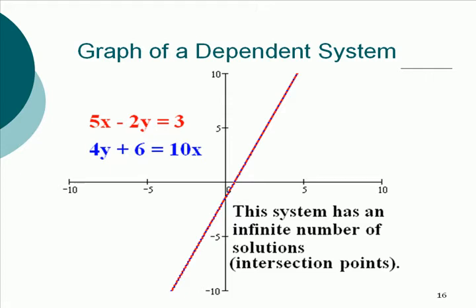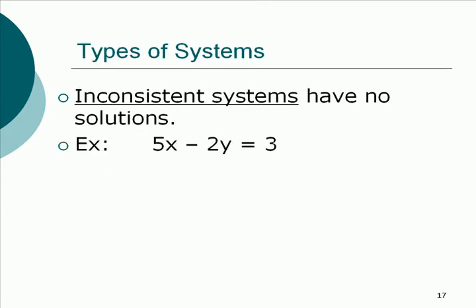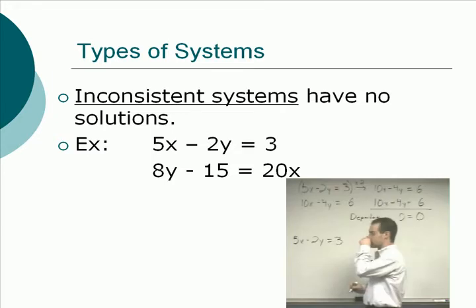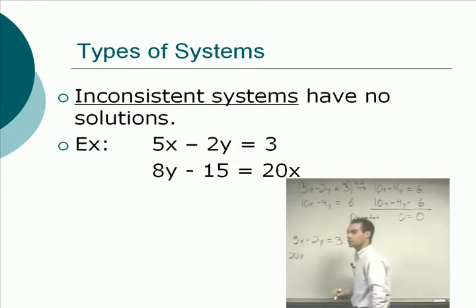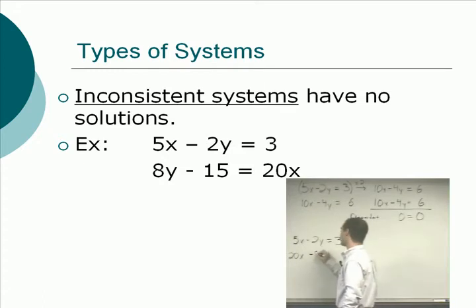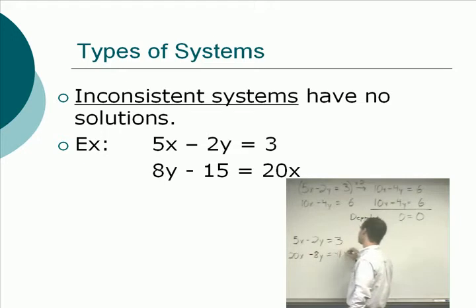The last thing that can happen is a case like this. Suppose we have 5x minus 2y equals 3. Also, 20x minus 8y equals negative 15.